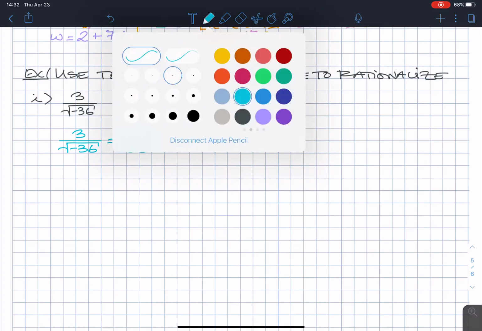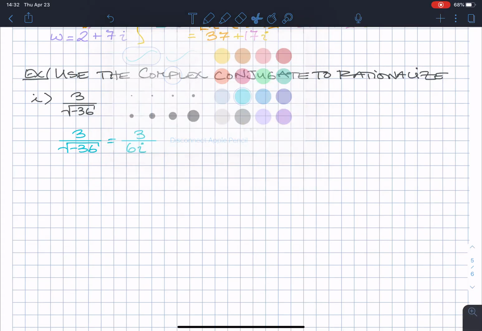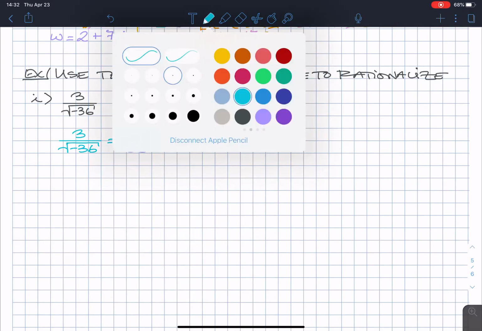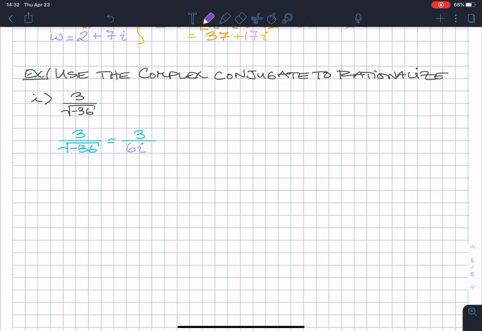So in order to rationalize this, I need to, actually let me put this in purple, I need to find the complex conjugate of the purple. In this case, do you agree that that's 0 plus 6i? So the complex conjugate will be 0 minus 6i.